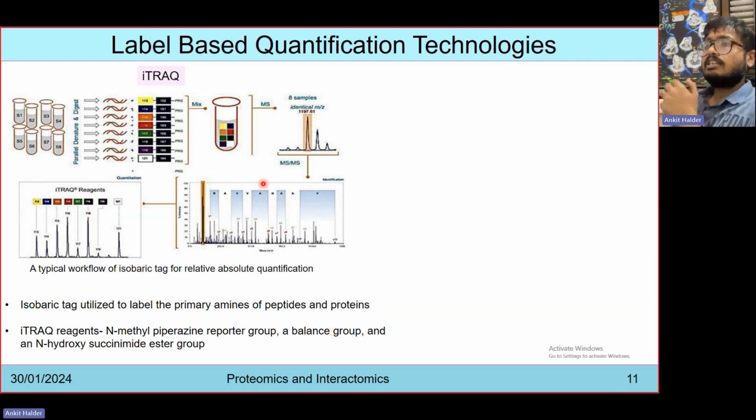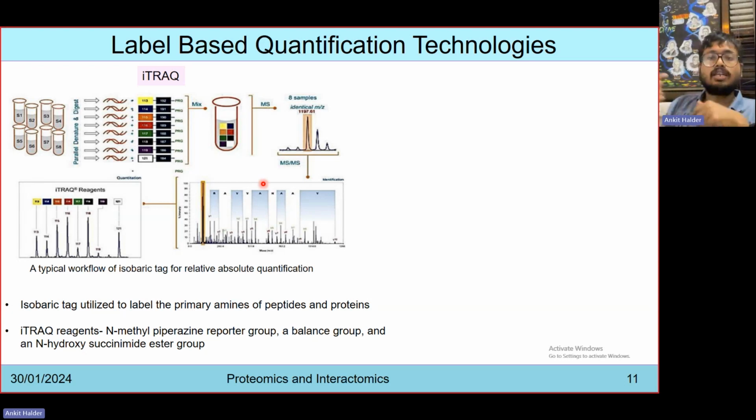Since we have spoken about the mass spectrometer just measuring your m/z, the tag we are using is an isobaric tag, so that we are not adding any extra mass to any particular sample.